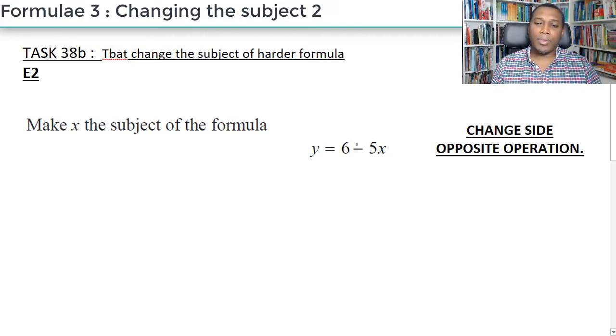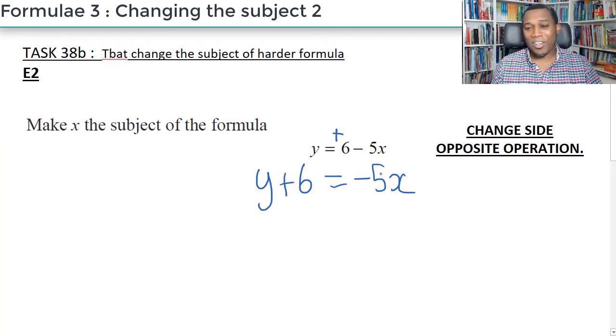The issue here with this expression is that actually there's no issue. I want the X all by itself. So the first thing, I have positive 6, and the 6 needs to go on the other side. So y plus 6 is going to be equal to minus 5x. And you start seeing what the issue is. The minus 5x. How do you deal with the minus? Okay.